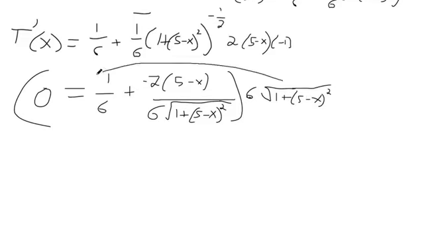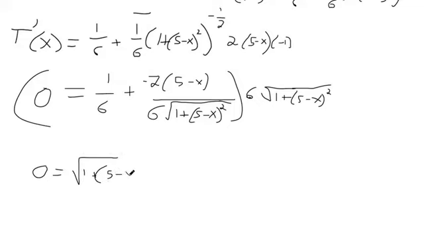Okay, so if we do that, that makes 0 over here, which is nice. We do that over here, the 1, 6, and the 6 cancels out. And then here, we cancel out the denominator by design, so that's -2 parentheses 5 minus x.